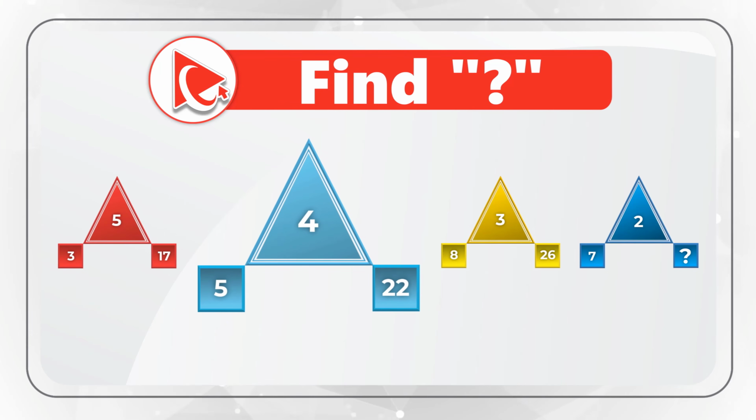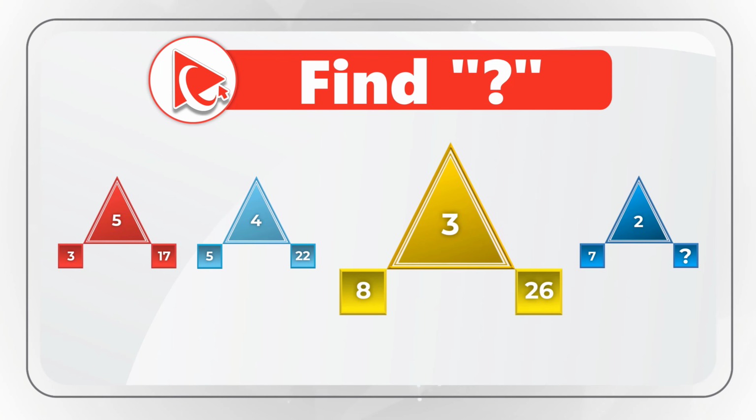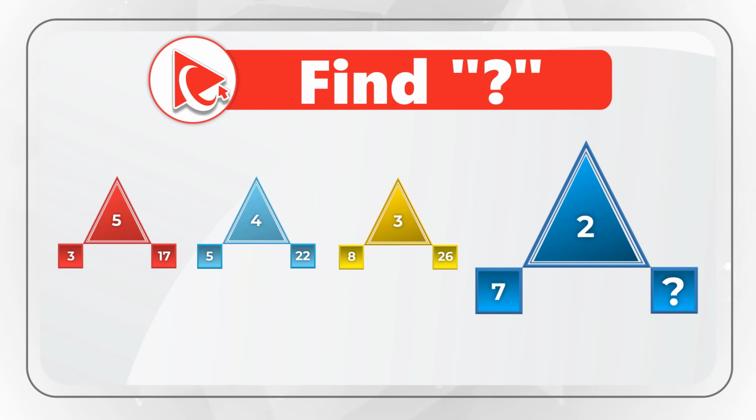The second object has number 4 inside the triangle, and numbers 5 and 22 inside the squares. The third object has number 3 inside the triangle, and numbers 8 and 26 inside the squares. The fourth object has number 2 inside the triangle, number 7 in the left square, and then comes the missing number inside the right square.